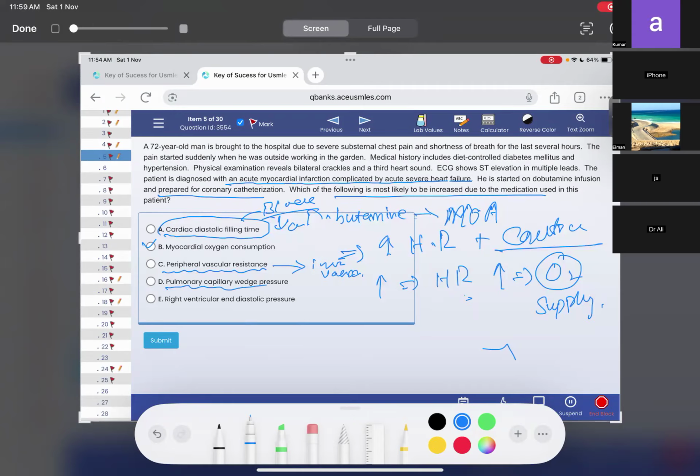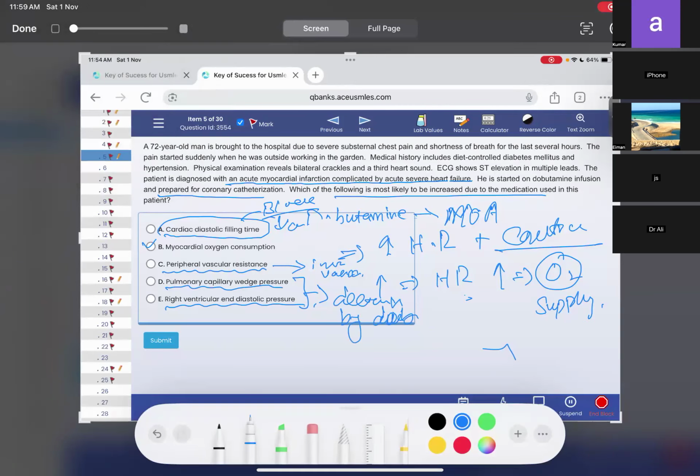Pulmonary capillary wedge pressure and right ventricular end-diastolic pressure are also not increased, because these are both decreased by dobutamine. Okay, clear everybody? Yes.